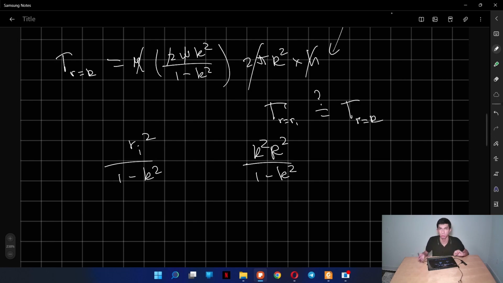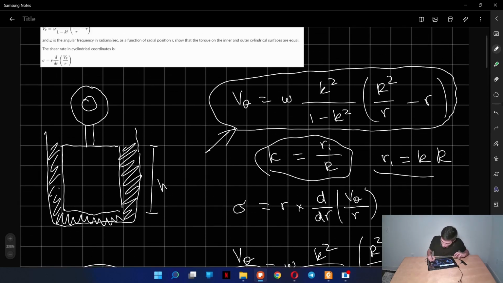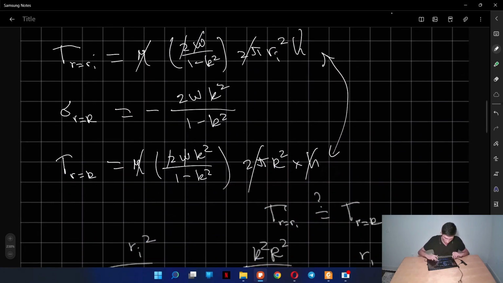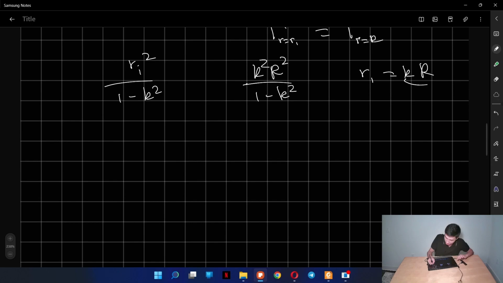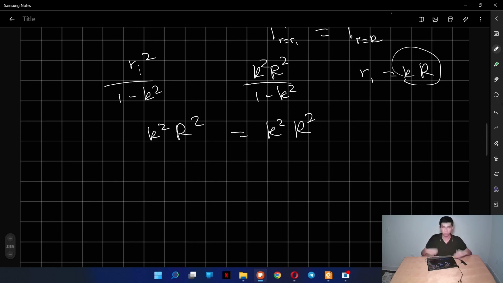If we compare the numerators, this reminds us of the first equation we had, where we have the ratio of the inner radius to the outer radius. So I'm just going to replace R_i by that, and we have k squared R squared equal to k squared R squared, which proves that the torque at the inner radius surface is equal to the torque at the outer radius surface.